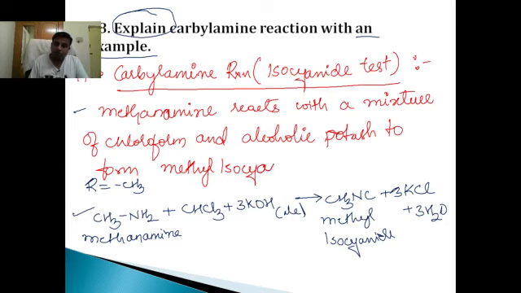The reaction is called the carbylamine reaction. So if you write fully, you will get the entire 2 marks.